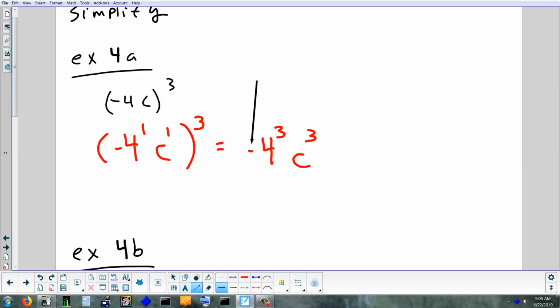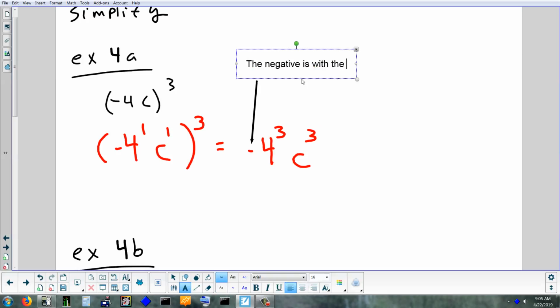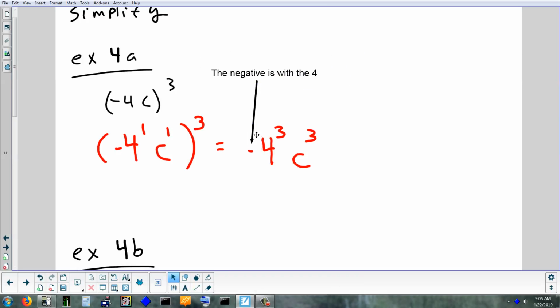Now, again, this -4 is the base, right? It's the big number. It could be a letter too. When you have a negative base, it could be -x, it could be, in this case, -4, and an odd exponent, the number 3 is an odd number. So when you have a negative base and an odd amount of exponents, your answer is always going to be negative.